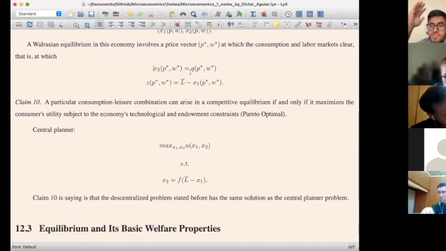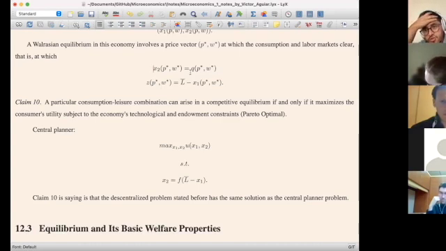In other words, imagine there is a central planner, Robinson Crusoe, who sits down and says, this is my utility, and this is my technology, and I'm going to solve the following problem. Maximize the utility of consumption of coconuts and leisure subject to the technology of the economy, such that the coconuts that I produce are equal to the production function evaluated at the units of labor that I decide to put in.